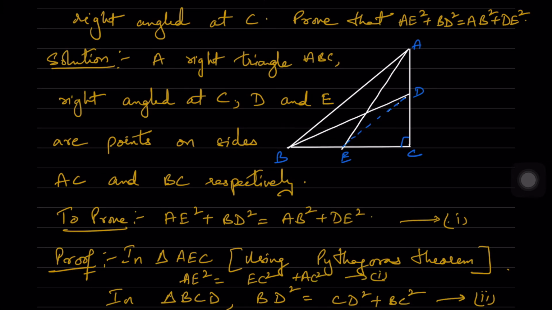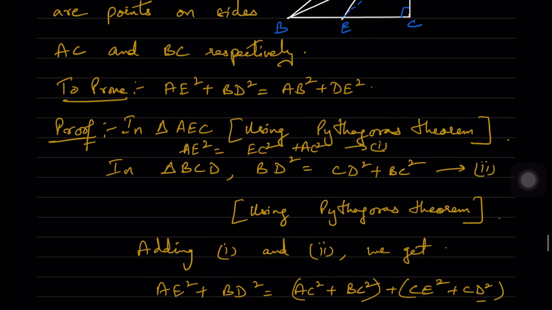This is what we have to prove. So to prove AE square plus BD square is equal to AB square plus DE square: in triangle AEC, because it's a right angle triangle, AE square is equal to EC square plus AC square. And next, in triangle BDC, it's also a right angle triangle, we have BD square is equal to CD square plus BC square. Take this as the first equation, this as the second equation.